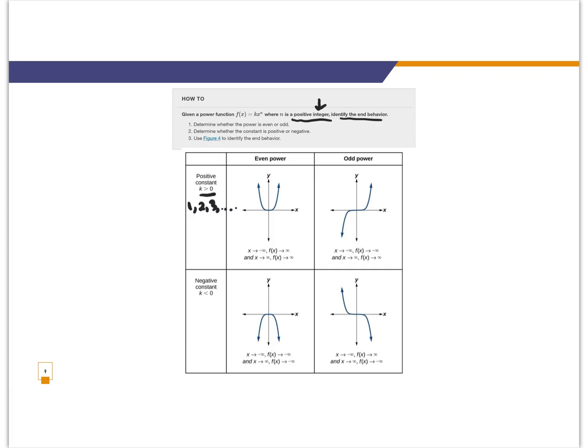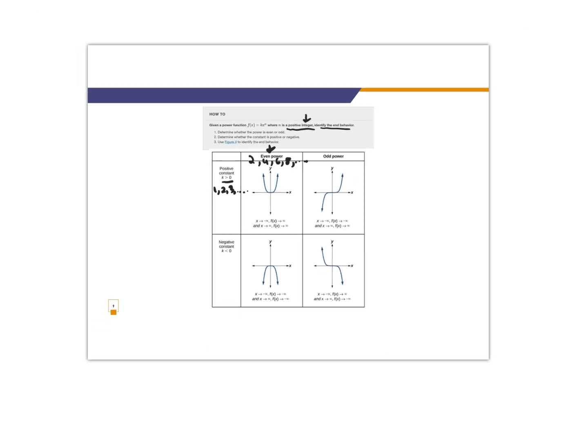It still will come out. However, think about those numbers 1, 2, 3, 4, 5. They're all positive. And we also know here that the exponent is even. That means the exponents are either a 2, a 4, a 6, or an 8, and so on. So we're looking at those two things.